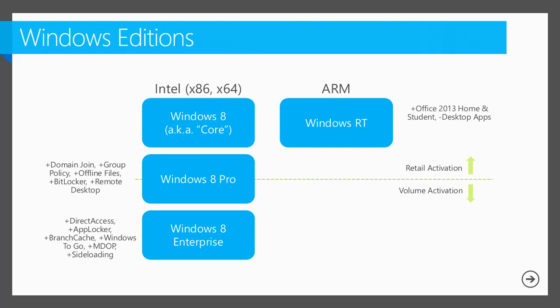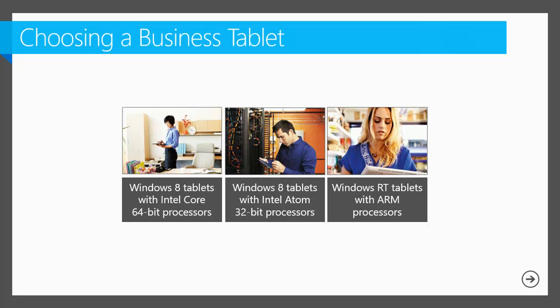So then what we really need to do is understand the types of devices that are out there. There are actually 3. At the lower end as far as weight and higher end for battery life, we have the tablet devices running either Windows RT with ARM processors or Windows 8 tablets using Intel Atom processors.